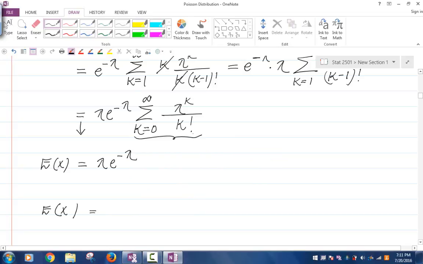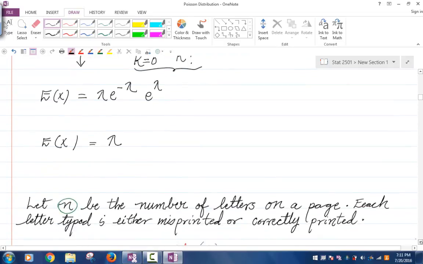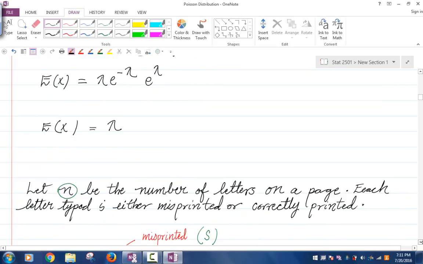If you remember from calculus, this is exactly the power series representation of e to the lambda. Now e to the minus lambda and e to the lambda, when we multiply them, we get e to the 0, which is 1, and therefore we end up with lambda as the expectation of x. Okay, so that's the derivation of the expectation.